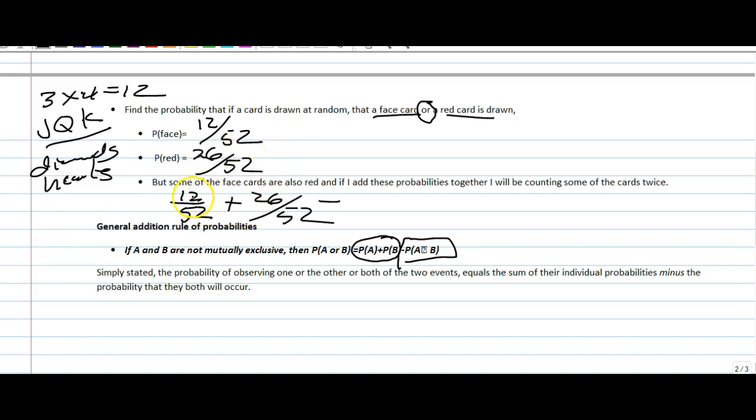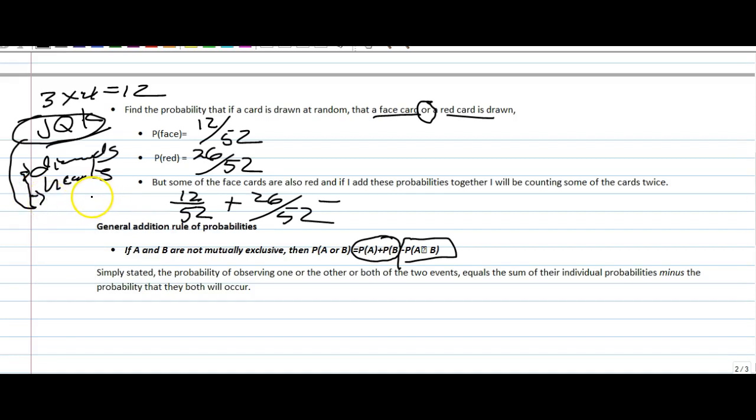Here, if I simply add these two numbers together, I'm counting some of the cards twice, because I have face cards and I have red cards, but I also have red face cards. So think about this. I have a jack, queen, and king of diamonds, which are red, and I have a jack, queen, and king of hearts, which are red.